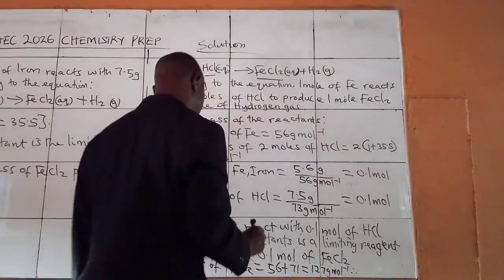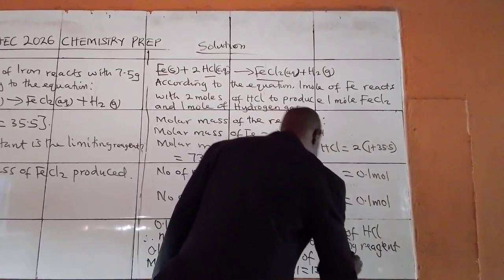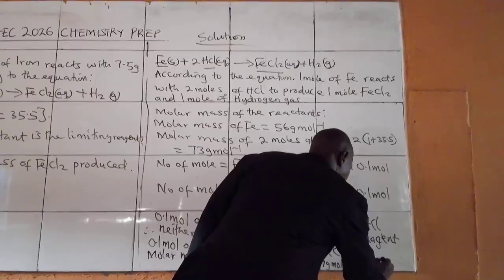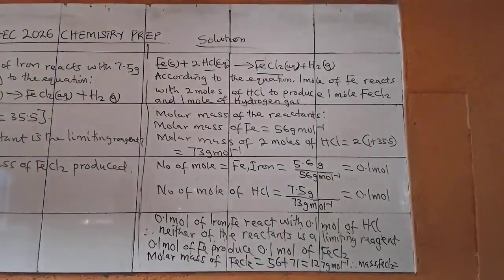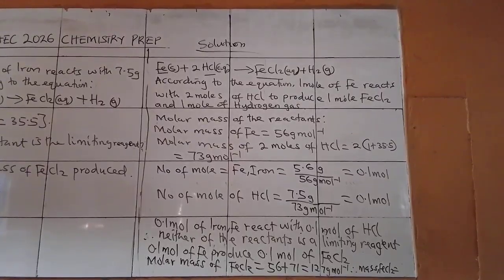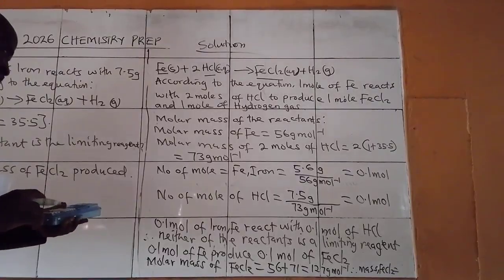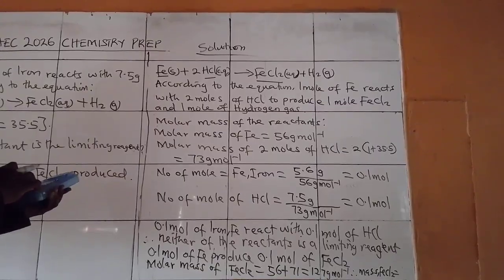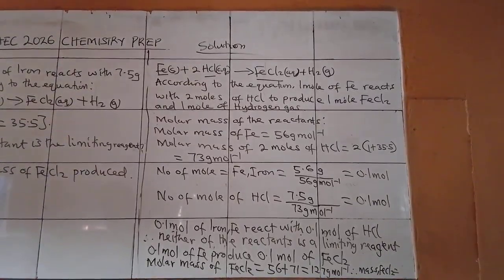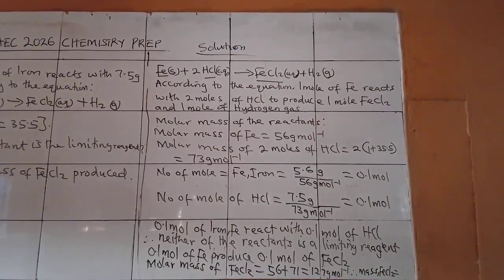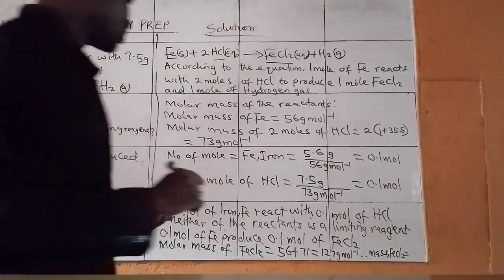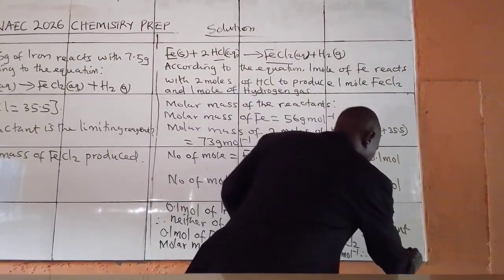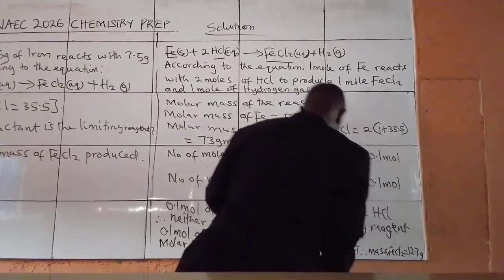Therefore, the mass of FeCl2 is equal to the number of mole, which is 0.1, times 127, which is equal to 12.7 grams.